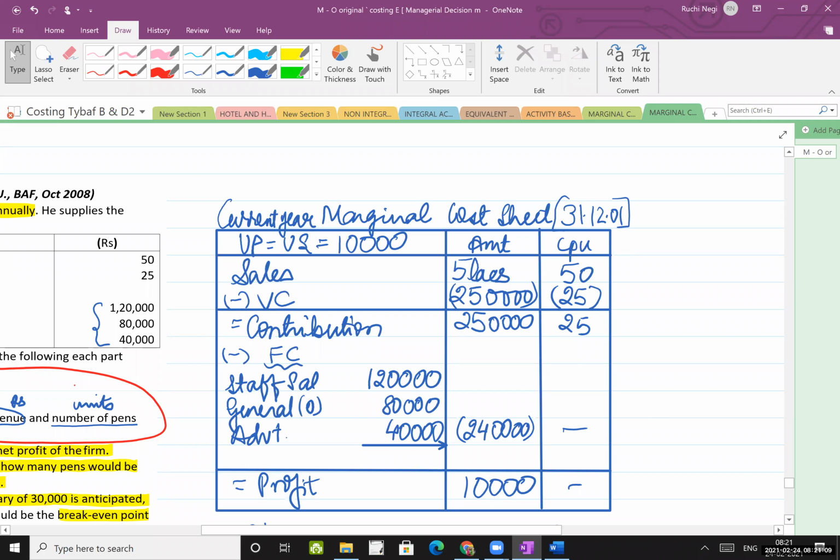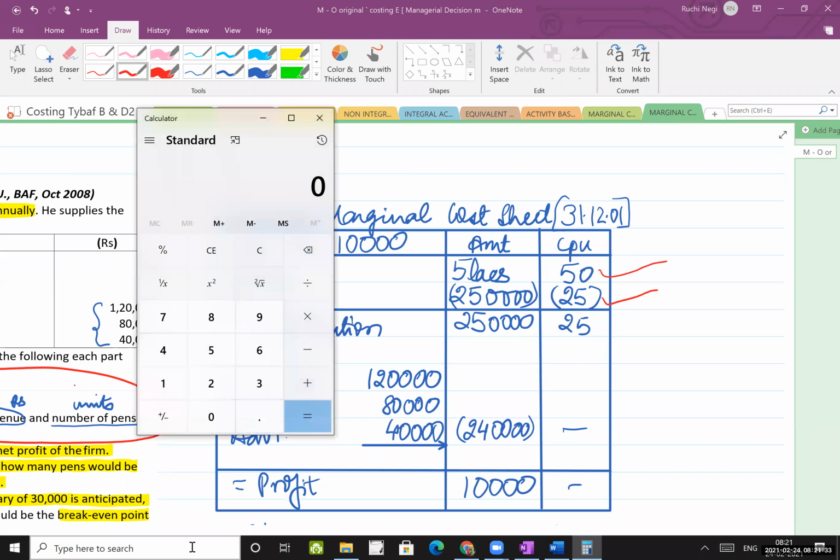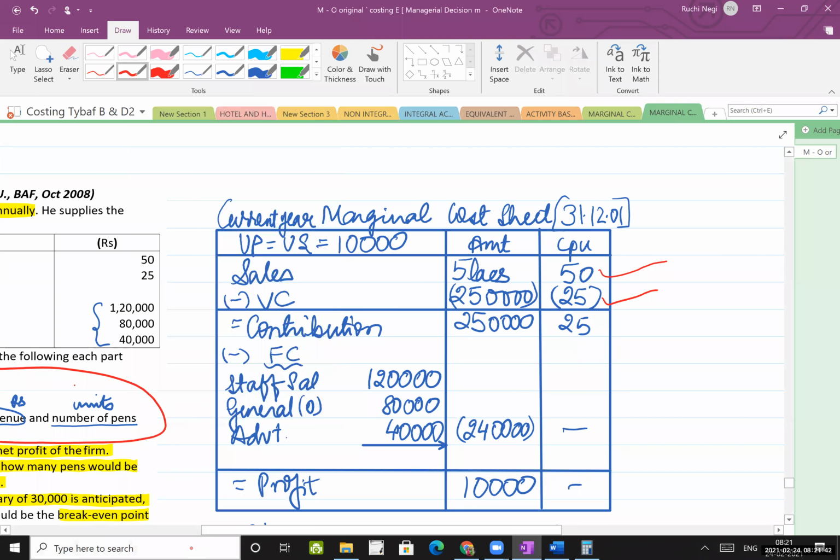Amount, CPU, sales. Sales is how much? 50. Variable cost is how much? 25. So calculate the amount. 10,000 multiplied with 50, 5 lakhs. Next, 10,000 multiplied with 25, 2 lakh 50.